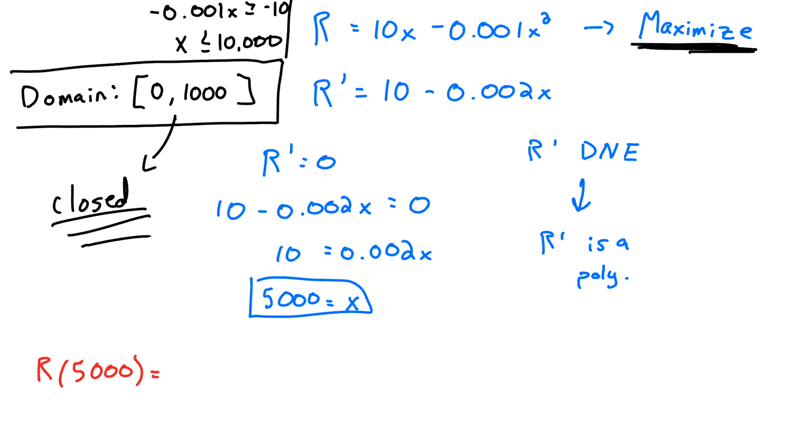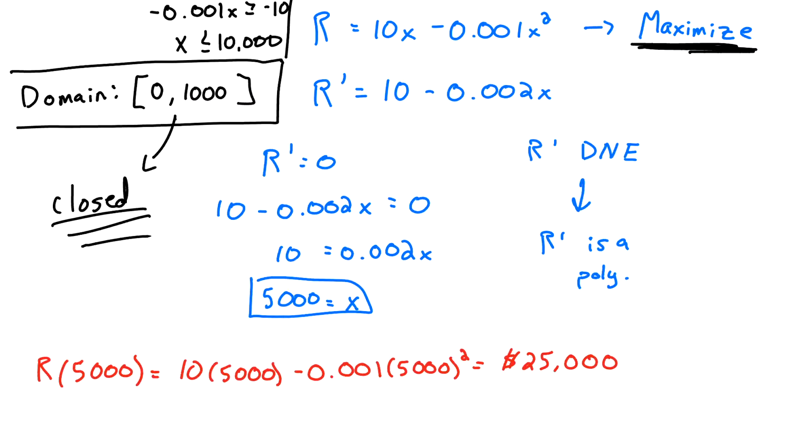Here in this problem, I'll have 10 times 5,000 minus 0.001 times 5,000 squared. If I plug 5,000 into my function, I end up with a revenue of $25,000. That seems pretty good, but remember, I need to check the endpoints as well.